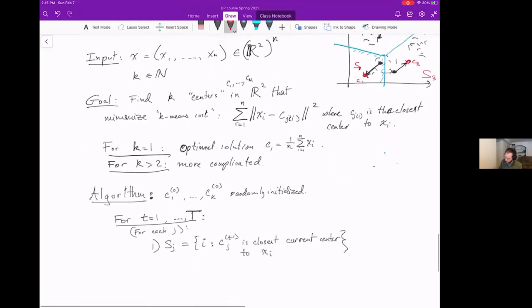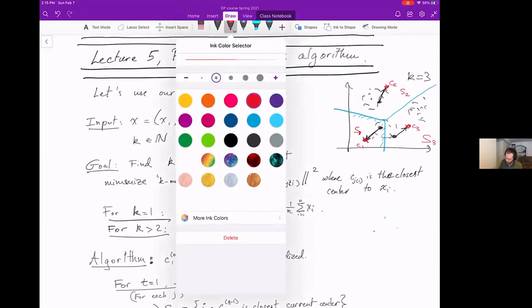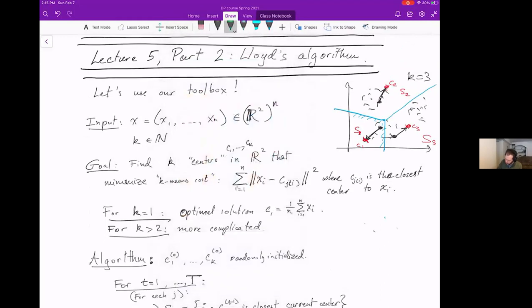Based on these S's, we're going to update our centers and compute new centers. We compute the new center C1 prime to be the average of the points in S1. So we're just finding the best single center for the points in S1. It would look something like this in this example.